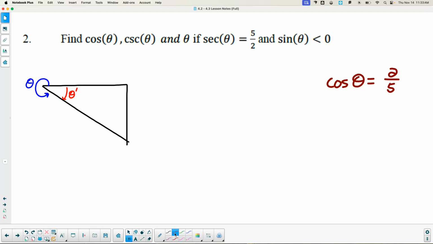Cosine is adjacent over hypotenuse, so this is going to be 2 and this is going to be 5. Is that the start of a Pythagorean triple? Nope, so I have to do the actual Pythagorean theorem. 2 squared plus b squared equals 5 squared. 4 plus b squared is 25. B squared is 21. B is the square root of 21.